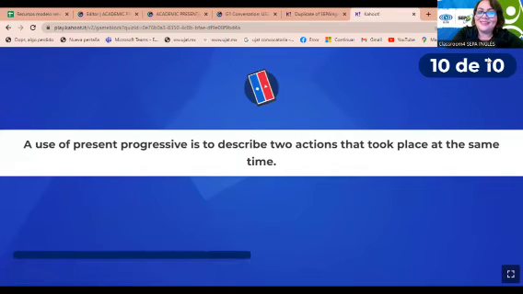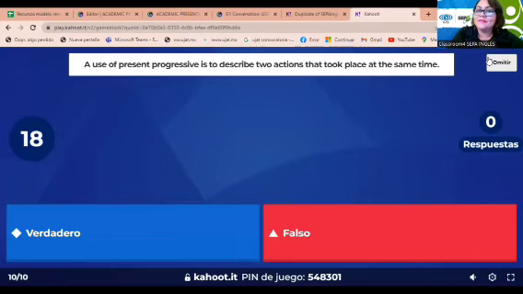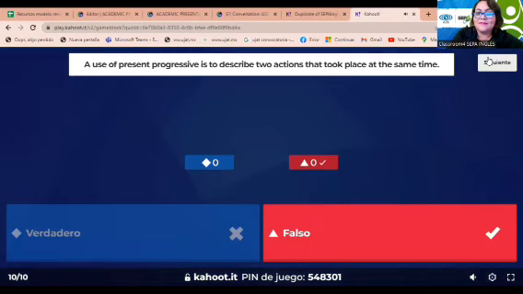Number 10. And finally, a use of present progressive is to describe two actions that took place at the same time. False.